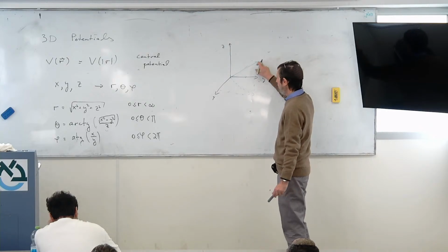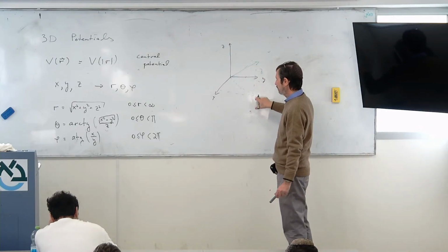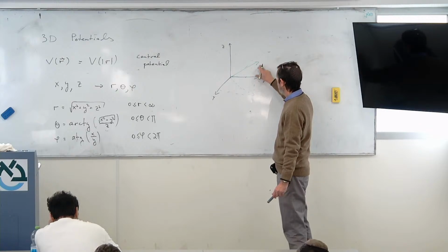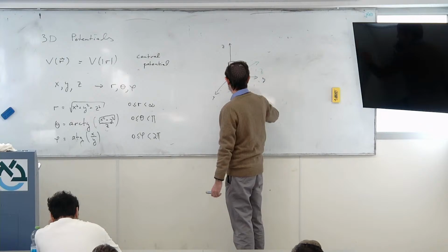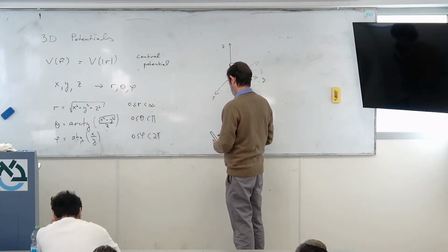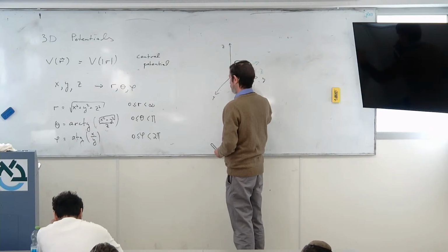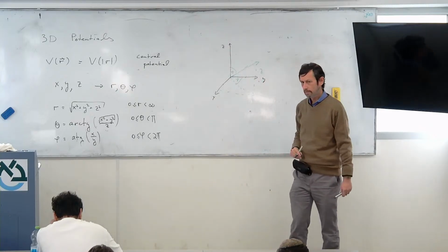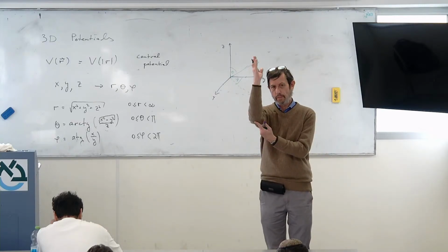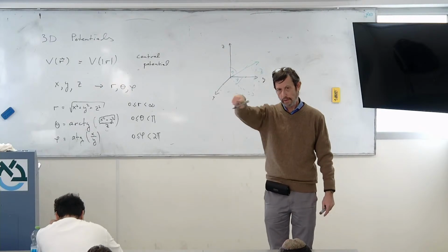Phi was the total, this divided by this, so it gives you theta from the Z, phi is around the plane of XY.